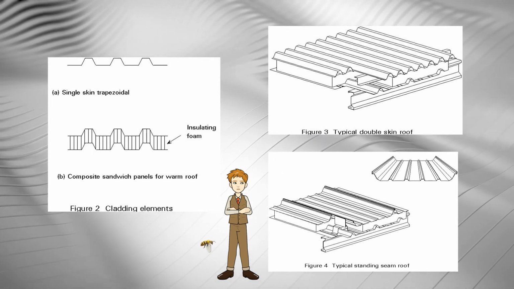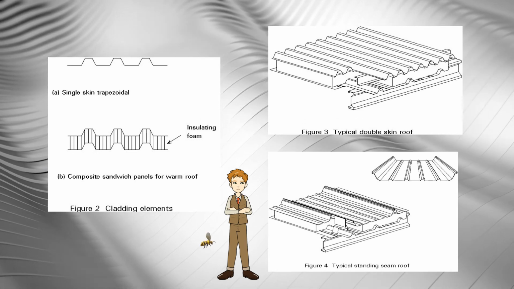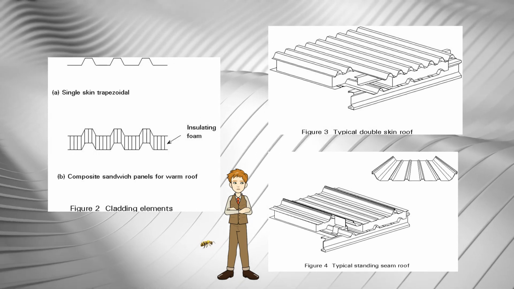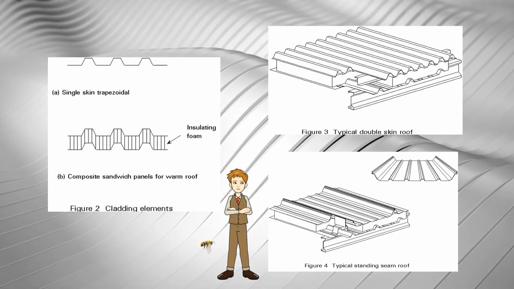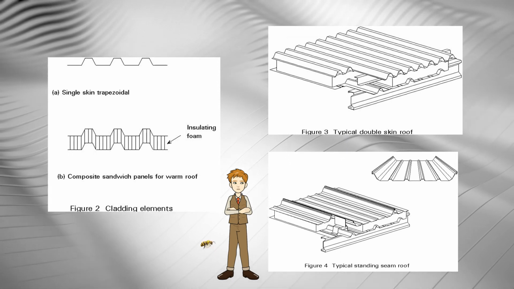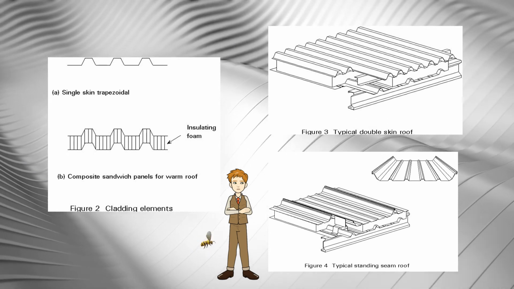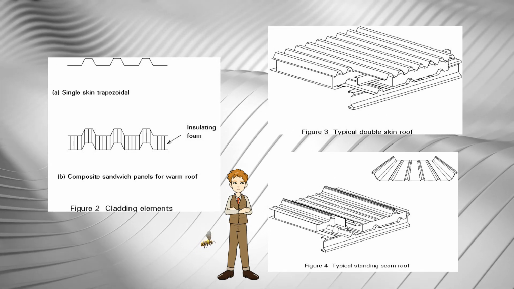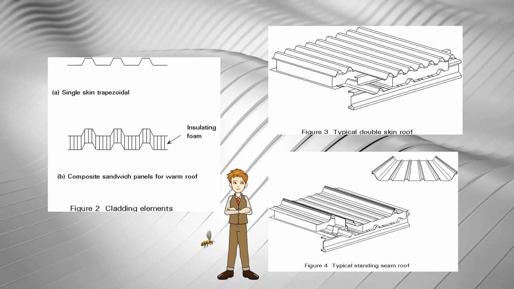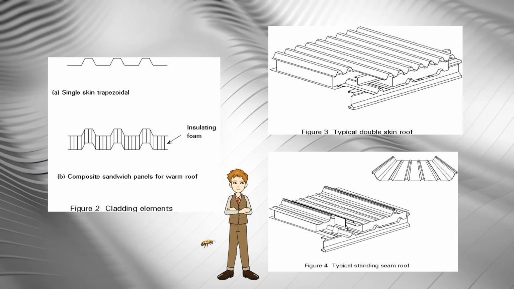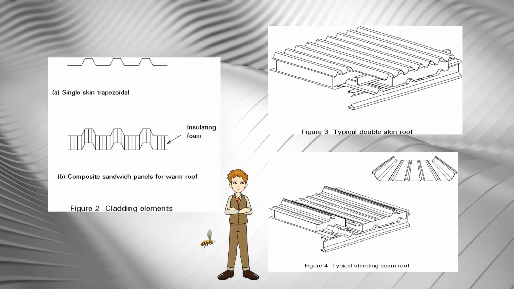Single skin trapezoidal such as shown in Figure 2a. Number 2. Double skin trapezoidal such as shown in Figure 3. Number 3. Standing seams or secret fix such as shown in Figure 4. And number 4. Composite panel such as shown in Figure 2b.